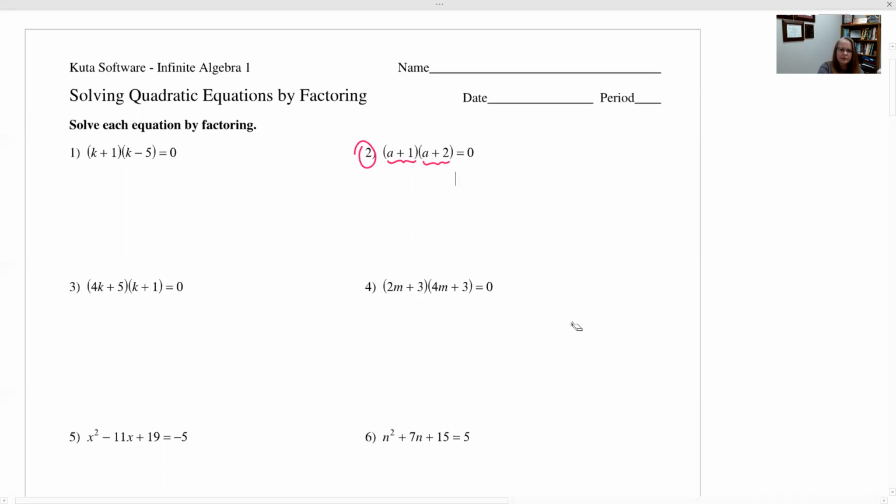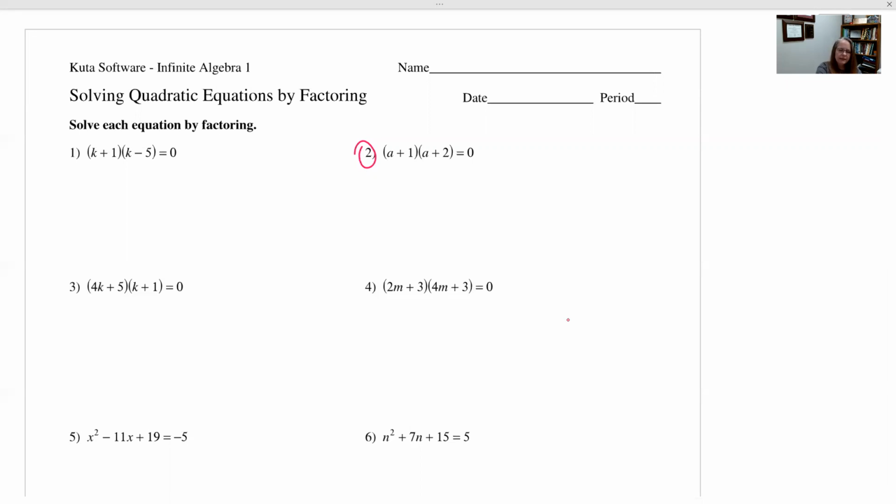On the same note, if a plus 2 equals 0, then I have 0 times something gives me the 0 that I'm looking for. And because we are already factored, we don't have to factor. All I have to do is find out what values of a make this a true statement.